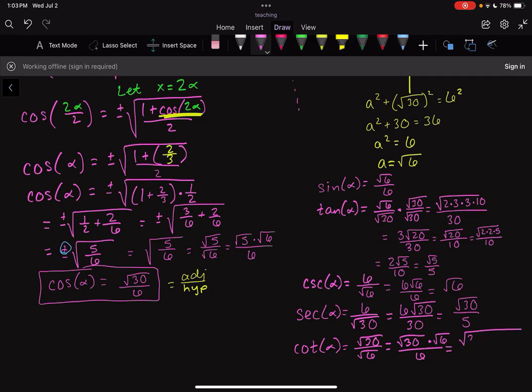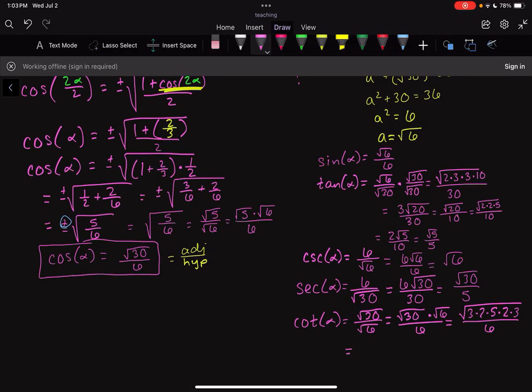Root 30 becomes 3 times 2 times 5. 6 becomes 2 and 3. So I can pull out a 2 and a 3. So this will become square root 5. Wow. That was a lot to simplify.